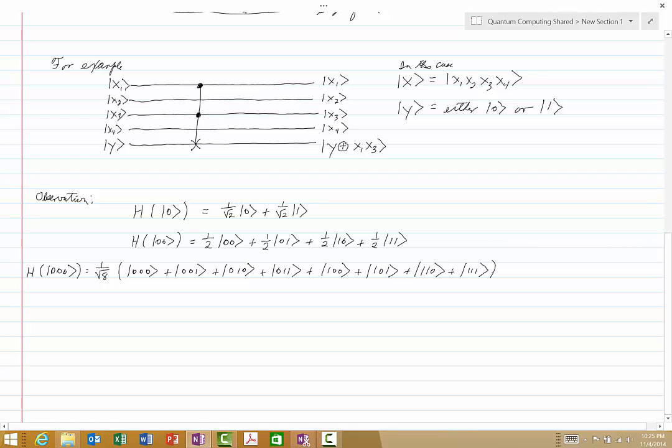And so still again in this case, and in fact in every case, what we find is that H, operating on this all zero state, the Walsh-Hadamard transform.